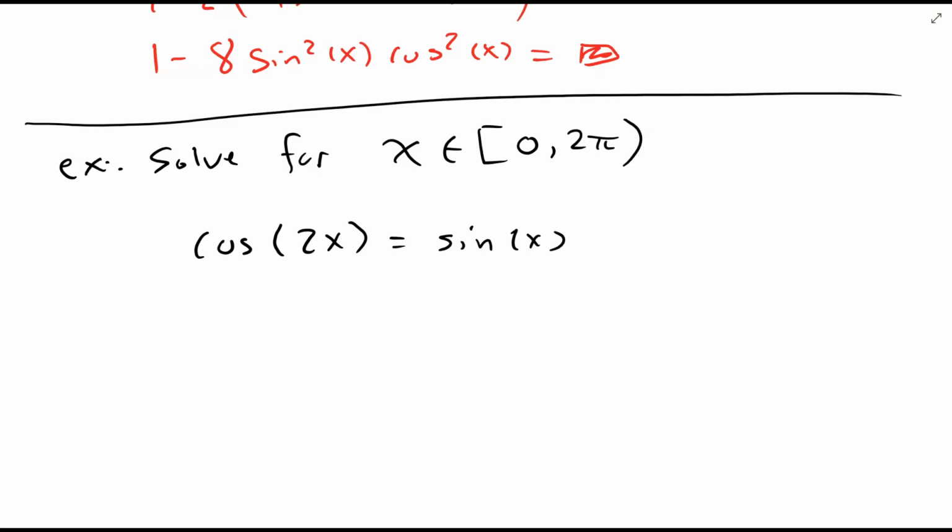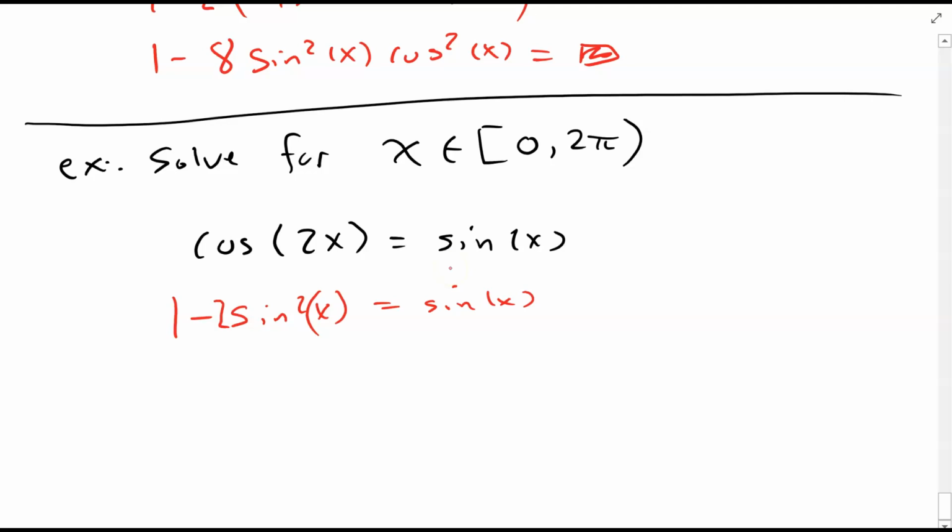And for good reason. You'd really want to be using the third one. Why do I want to use only the third one and not the other ones? Yeah, because now we have only one type of trig function. We just have sine x's.